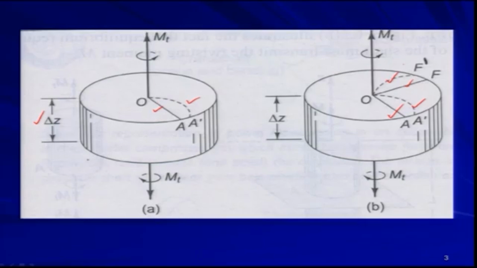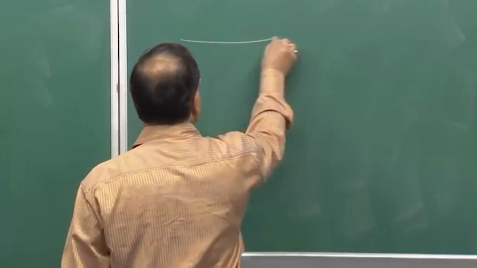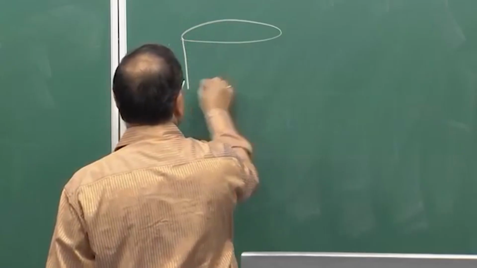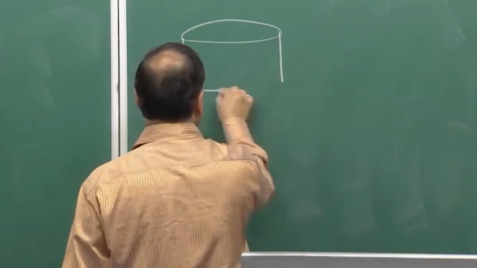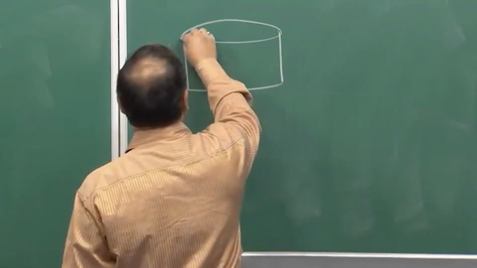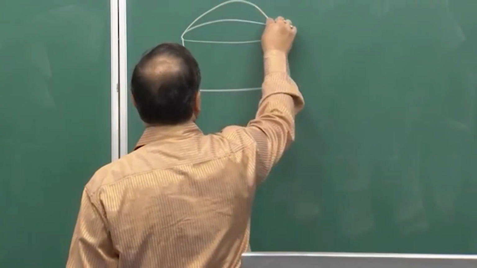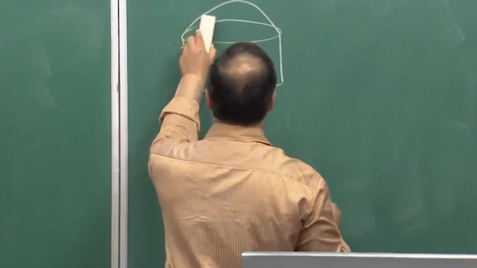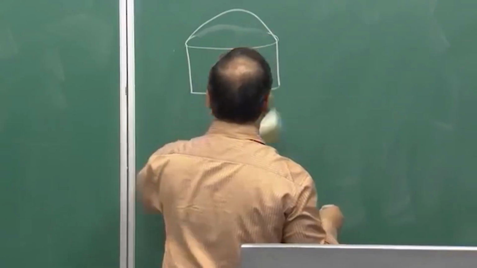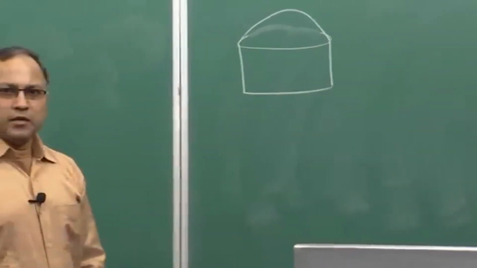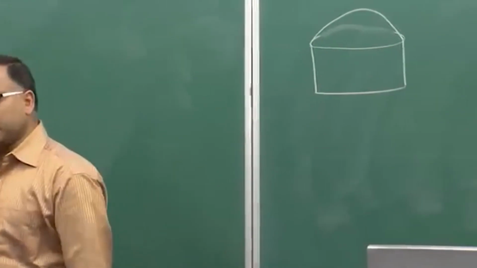Now, suppose that one end of the slice is getting bulged out due to the application of the twist.